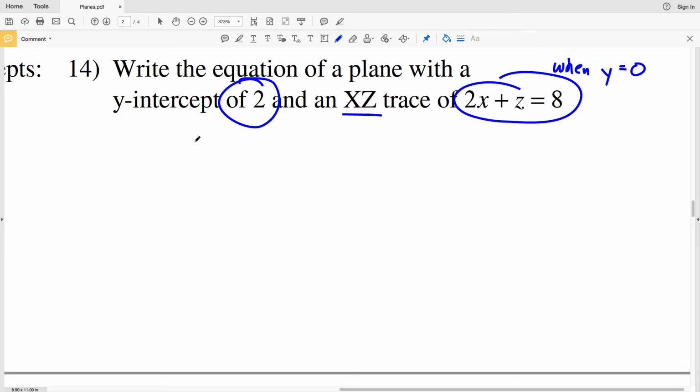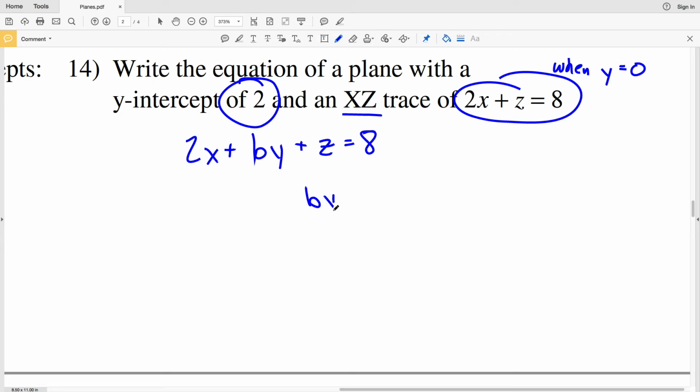So our equation of the plane will be 2x plus some coefficient, let's call that coefficient b, times y plus z equals 8. So our y-intercept occurs when by equals 8, and they give us that that intercept value is 2.